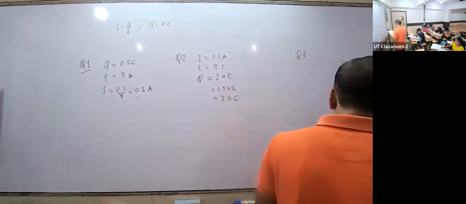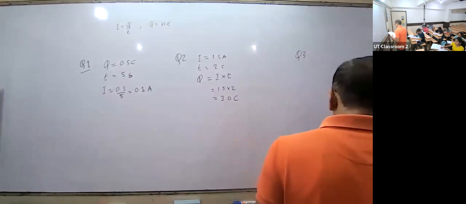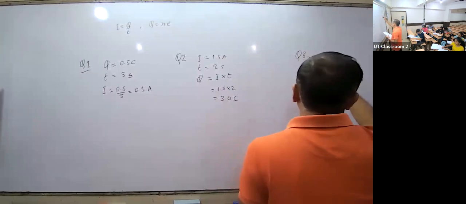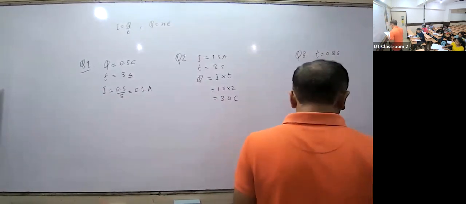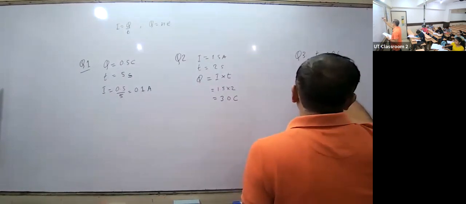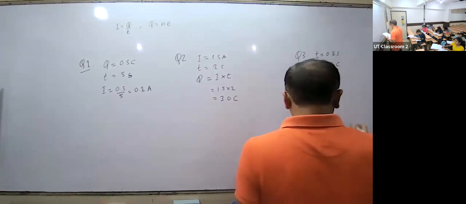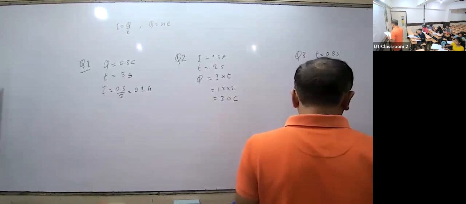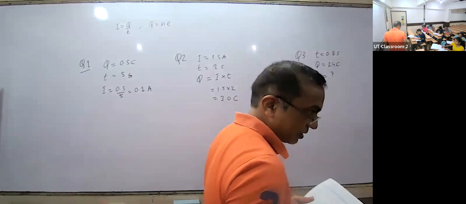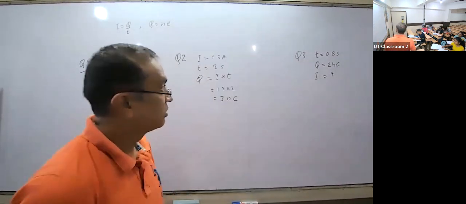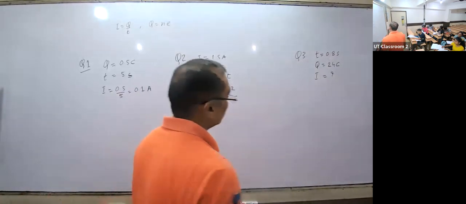Question number 3. When a starter motor of a car is switched on for 0.8 seconds, a charge of 24 coulomb passes through it. Calculate the current of the coil. पूछ के ये भी क्या पूछेगा बताओ? देखो ऐसे ही होता है। So when you do all the numericals, I is equal to Q by T, है ना?